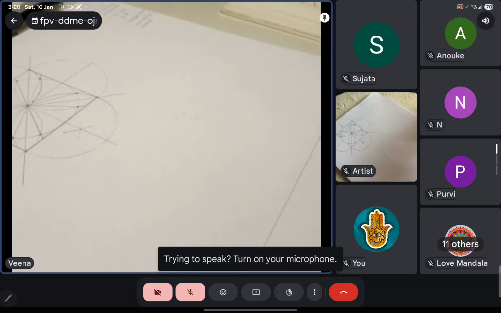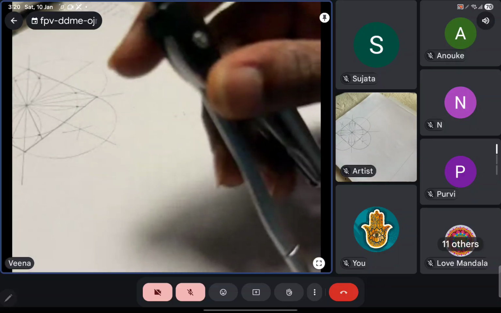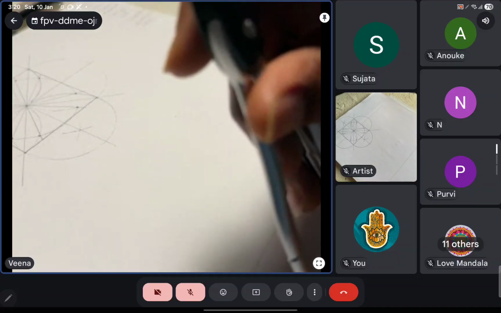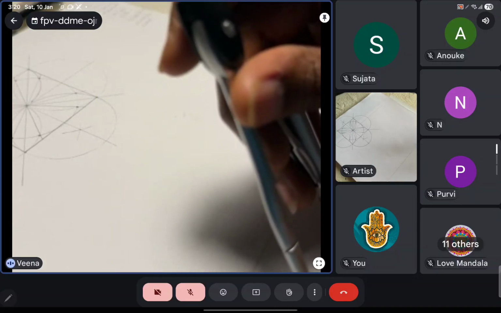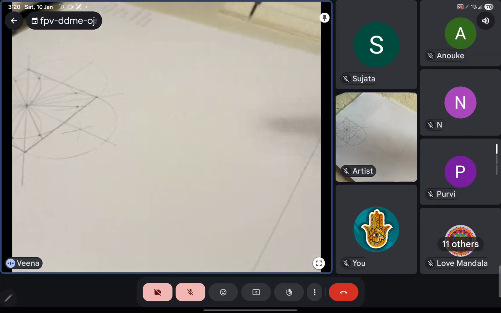Okay. So this time we will take a little bigger circle. I'll just give you the measurement. So last time we drew 2.5, right? This time we'll do 3.5.